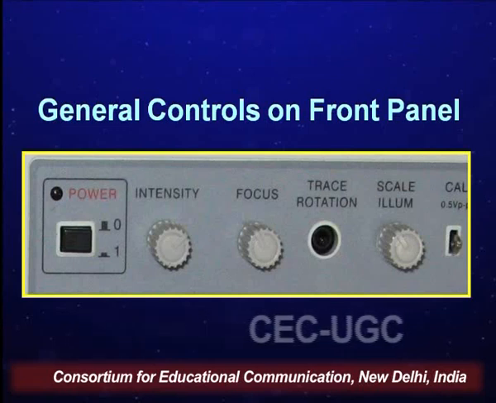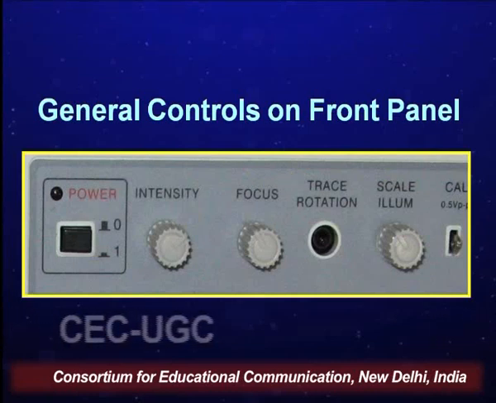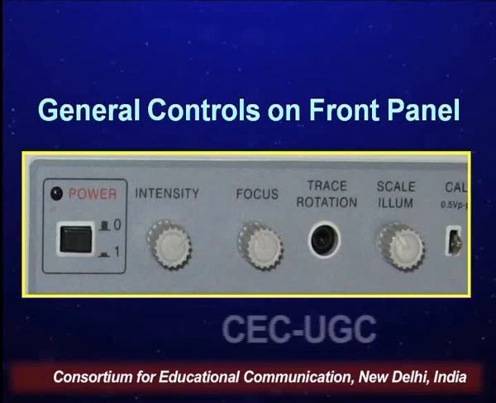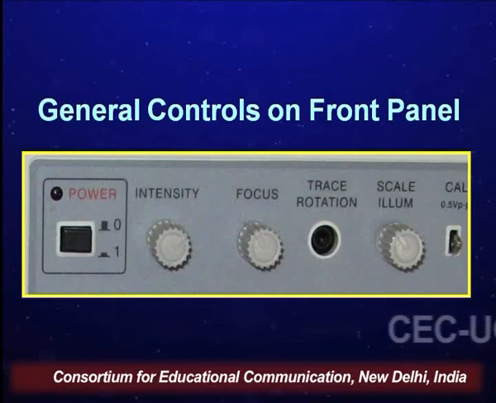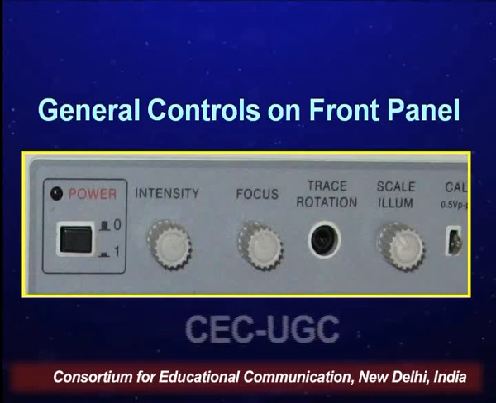That is because, this being a cathode ray tube based CRO, the electron beam cannot be switched on and switched off intermittently. If it is done, then the electron gun may suffer from fatigue and may get spoilt.